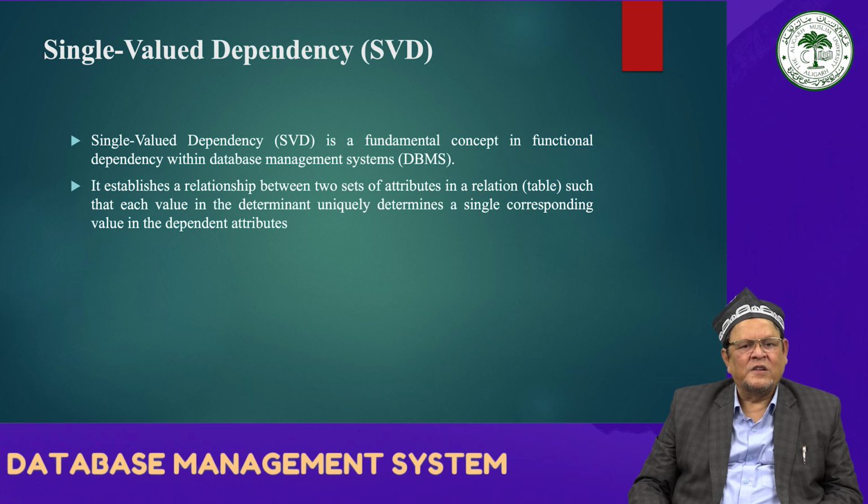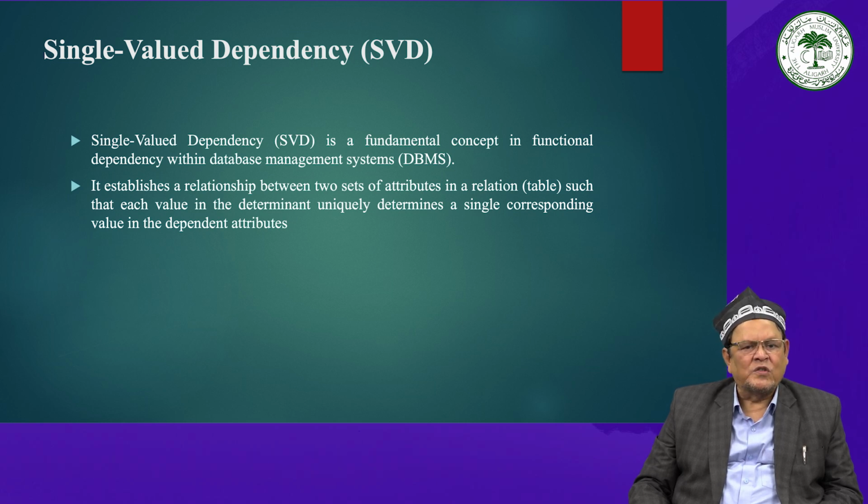Single value dependency is a fundamental concept in functional dependency within database management systems. It establishes a relationship between two sets of attributes in a relation such that each value in the determinant uniquely determines a single corresponding value in the dependent attributes.